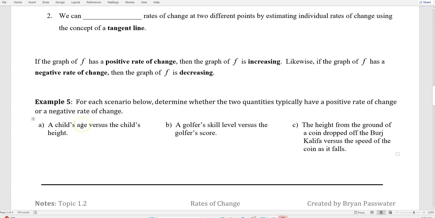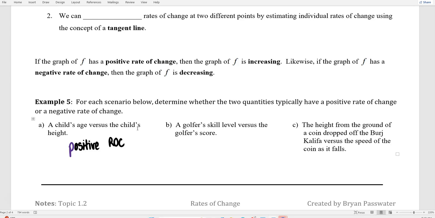So a child's age versus the child's height. As age increases, what's going to happen to height? Increase, right? So this would be a positive rate of change. Okay? All right. Golfer's skill level. As the golfer gets better and better, what should happen to the golfer's score?